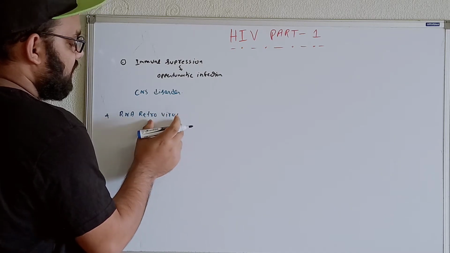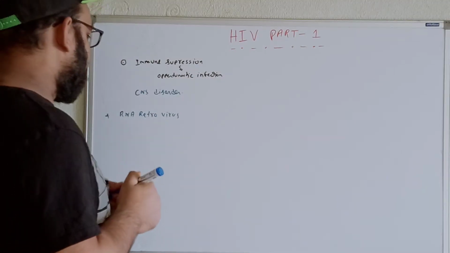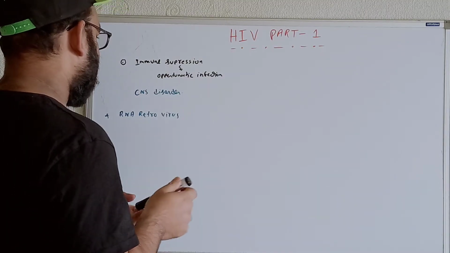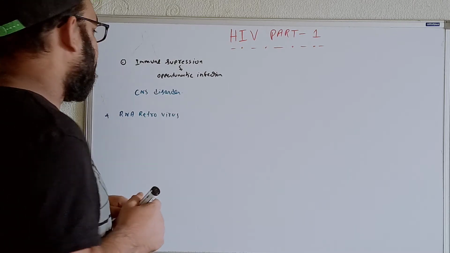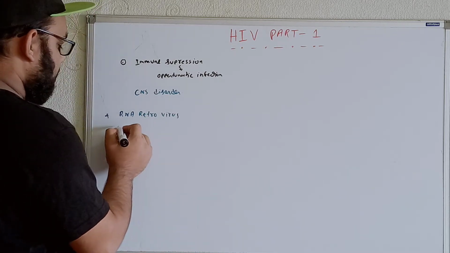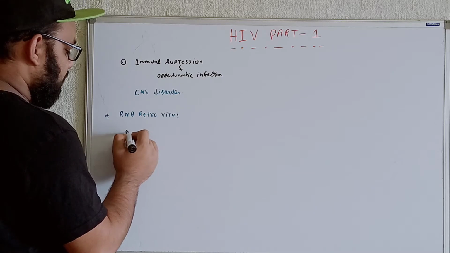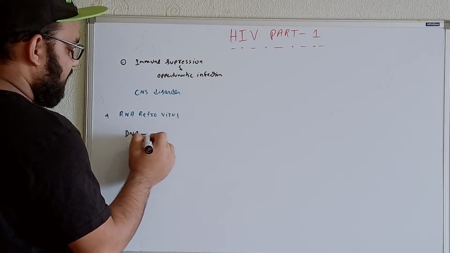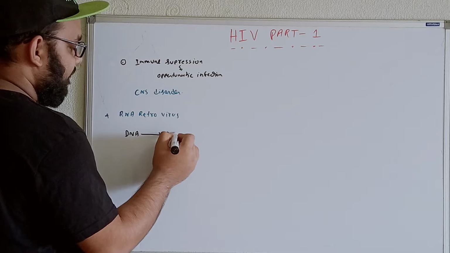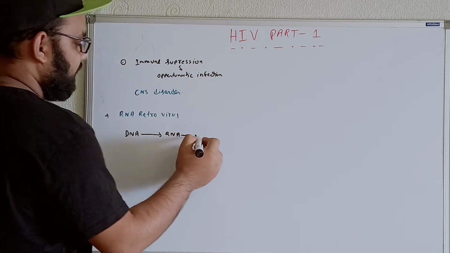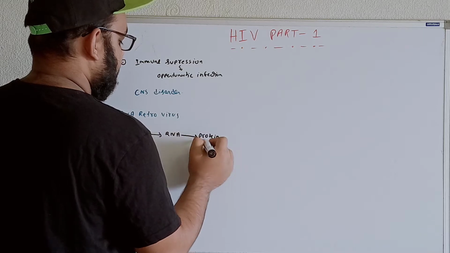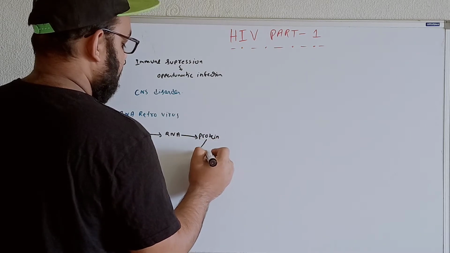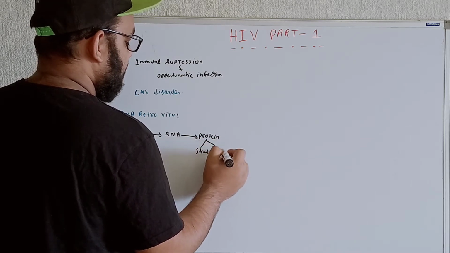Now we'll talk about these terms. Okay, the retrovirus. Now, what do you know? Normally, under normal physiological circumstances, like in other animals, including human beings, first we get the DNA. From DNA we get what? The RNA. From RNA we get the protein, and this protein may be a structural protein, or you can get a functional protein.